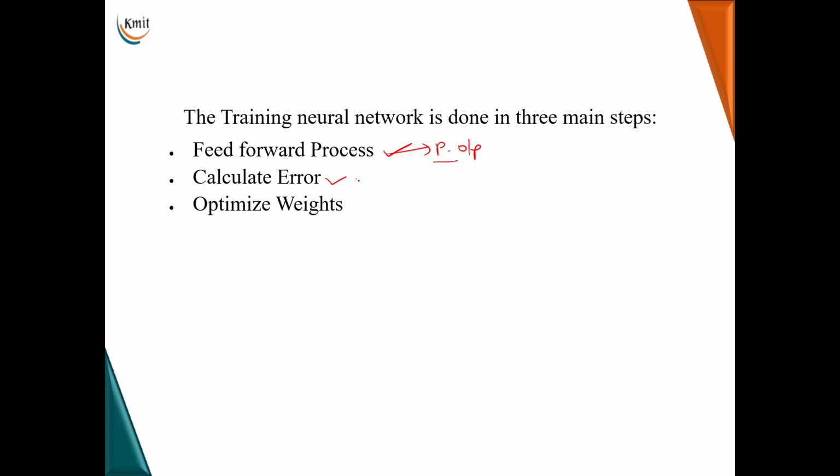Once the error is calculated, if the error is found to be high, we will back propagate and optimize the weights so that the error gets reduced. So these are the three main steps involved during the training of an artificial neural network. We will look into the feed forward process first.